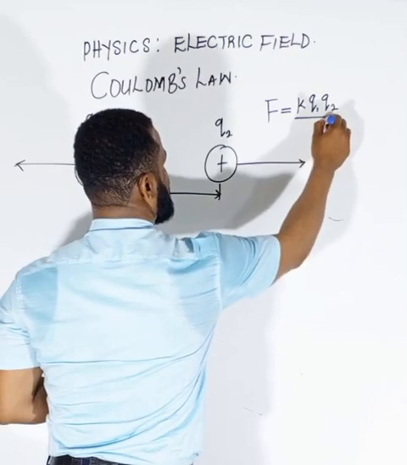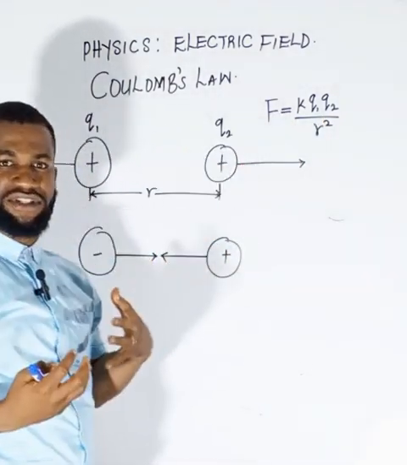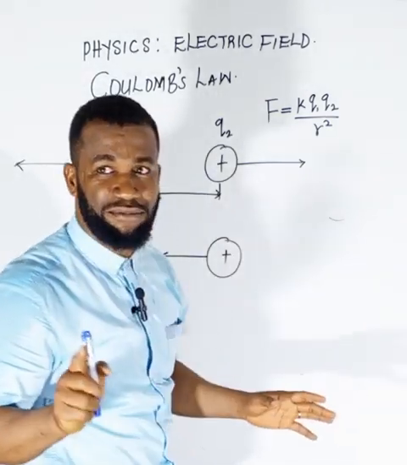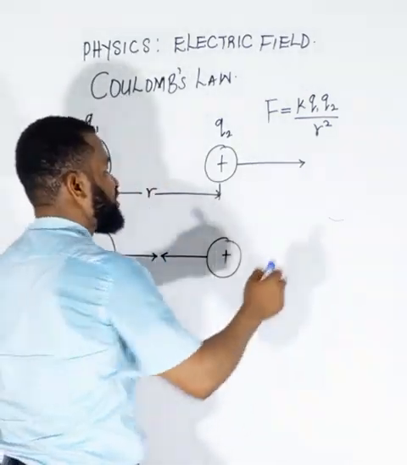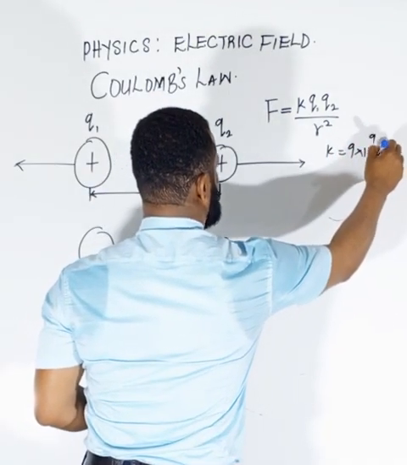So it's going to be R squared. Therefore, K is the constant, most times called just the constant of electric field, where K is given as 9 times 10 raised to the power 9 units.